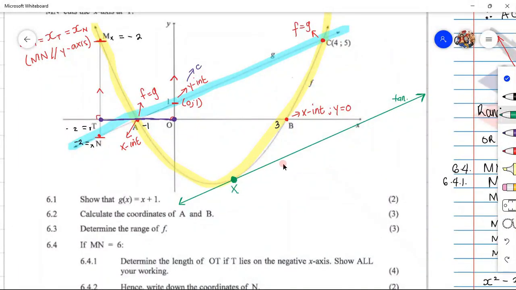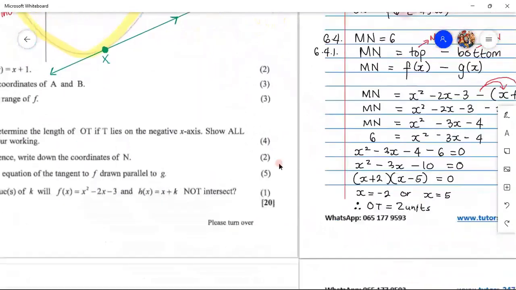So because we don't have the c value of our tangent, I'm going to use the second method, which is to have our gradient and a random coordinate, and use those two things to find the equation of our line or our tangent. So because it's stated that the tangent is parallel to G, that means the gradient of G is the same as the gradient of our tangent.